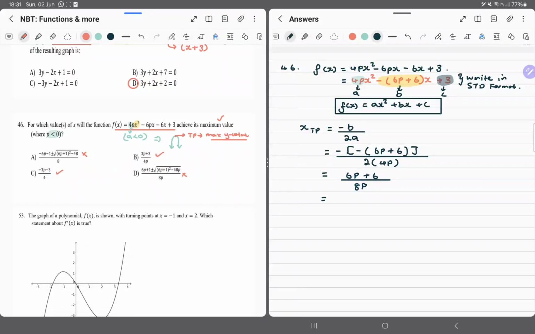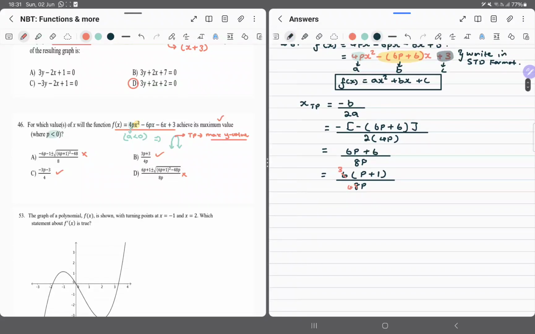Okay. So now how do we make it look like these ones? Well, we factor out the 6. We get p plus 1 divided by 8p. Now there's a common factor between 6 and 8. 2 goes 3 times, goes 4 times. All right, great. So we then have 3 into p plus 1 over 4p.